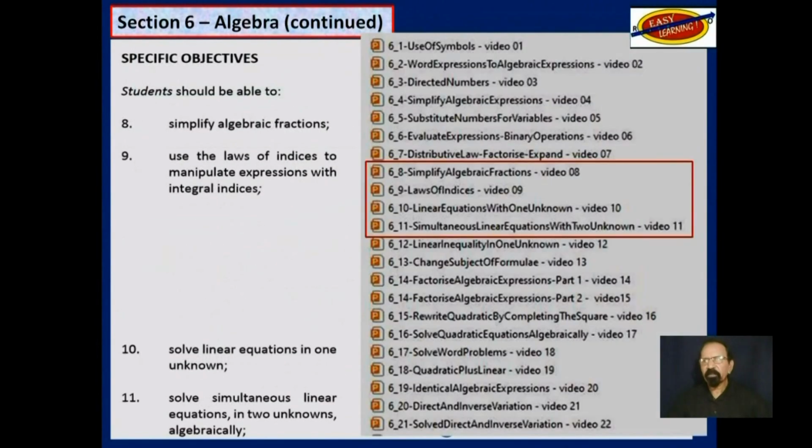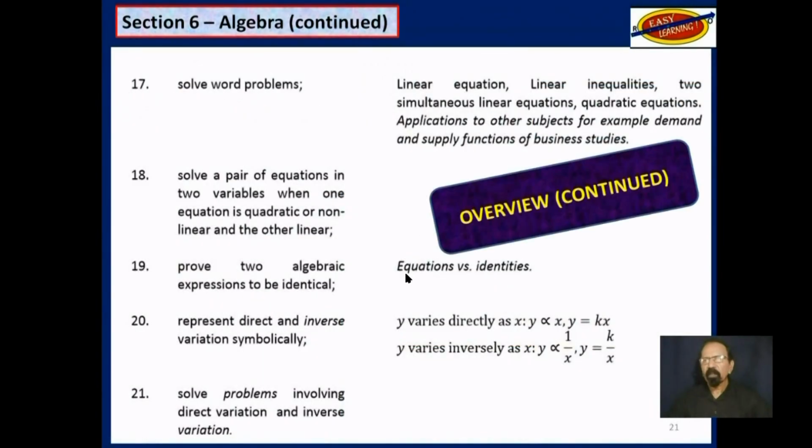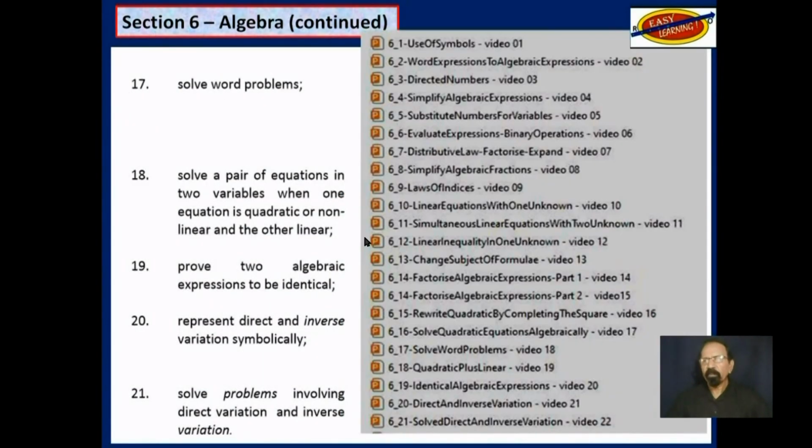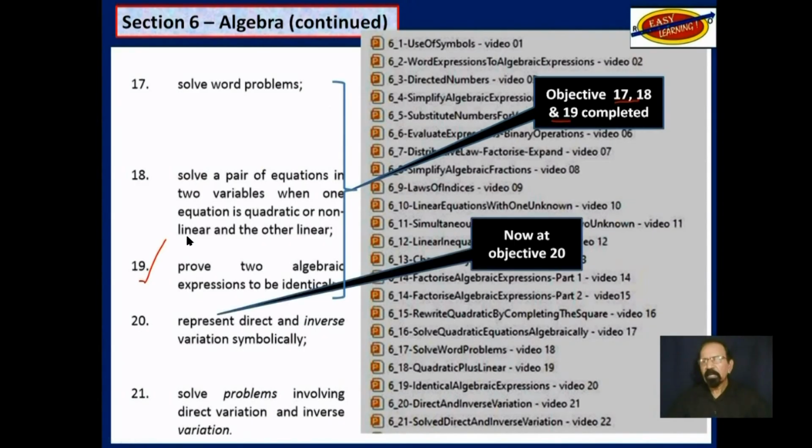Section 6, algebra. We finished most of it. So we are now here. We have finished objectives 17, 18, and 19, and we are now at objective 20, this one here, which we will get done in video 21.